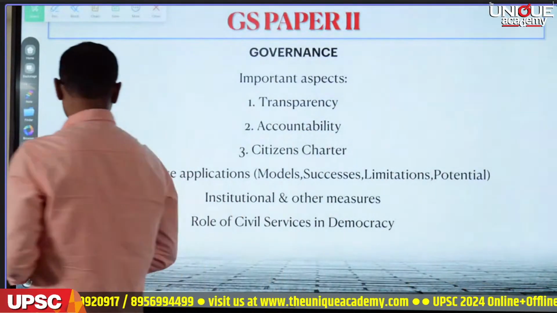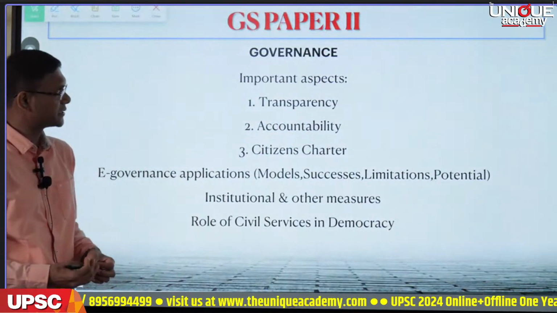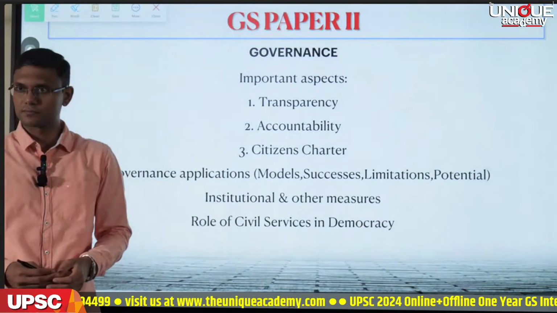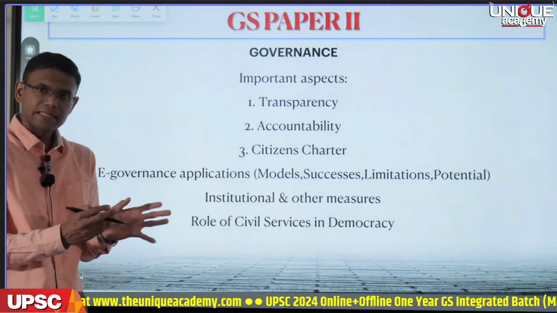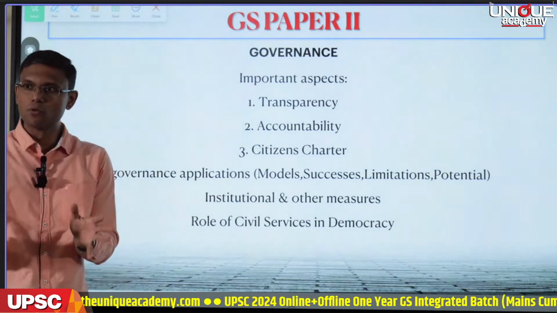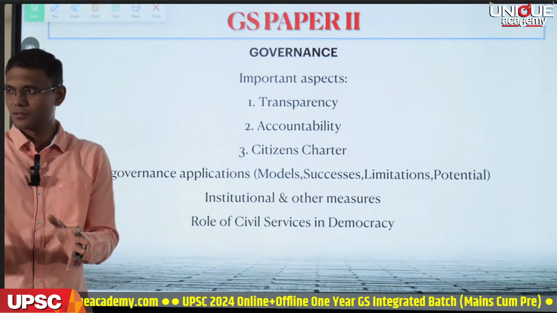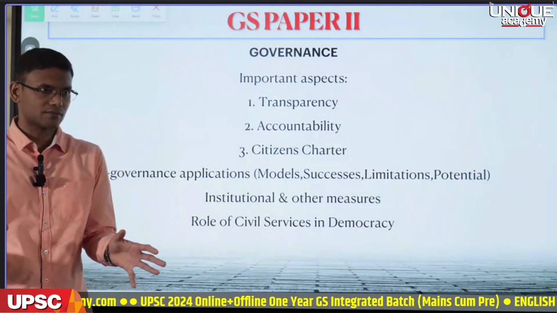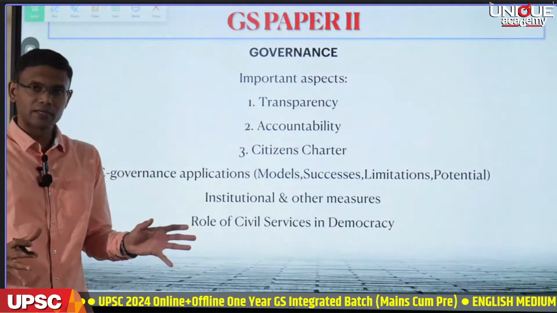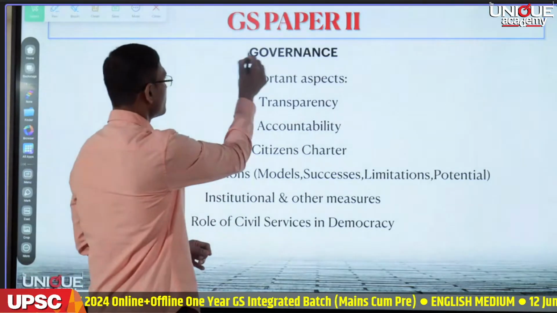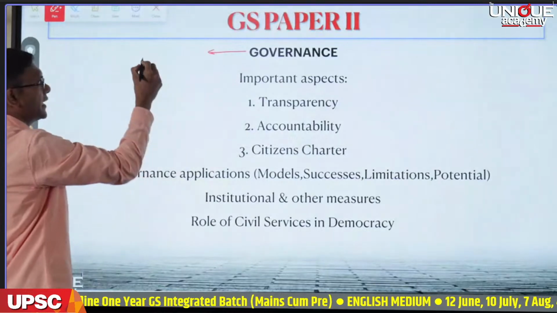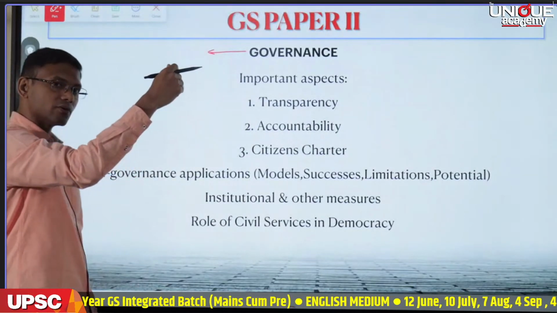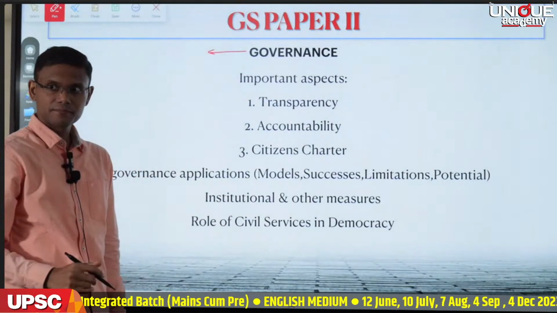Next part that we have in our syllabus is governance. This is basically the functional aspect, the most visible aspect of government institutions. This word governance includes both things. On one hand, it includes all those institutions which are there in the syllabus, right?